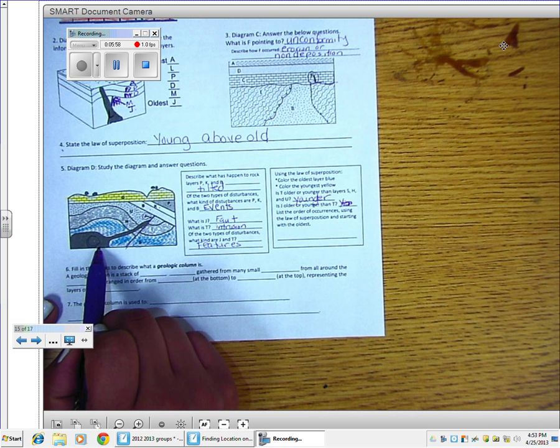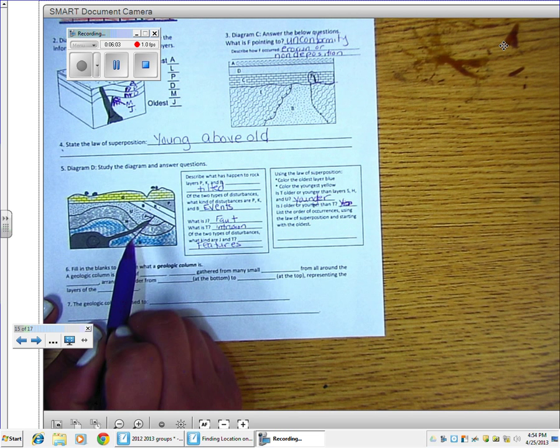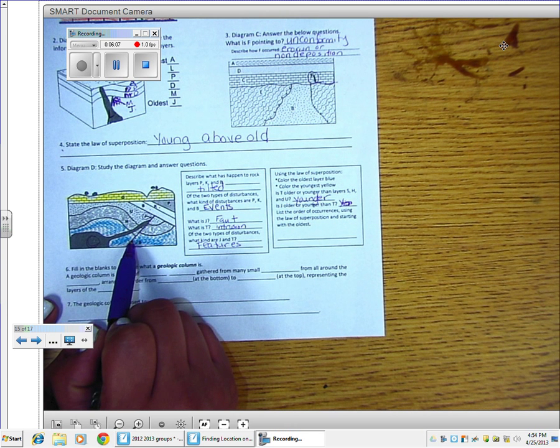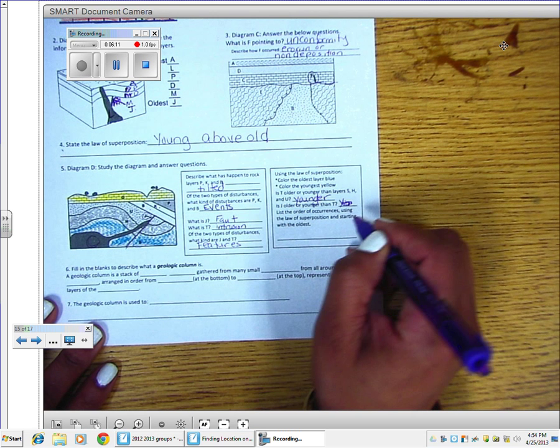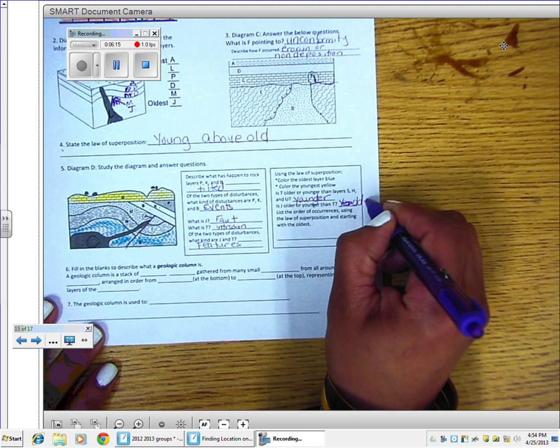T came after J because J did not affect T. So therefore, J was first. So J is older.